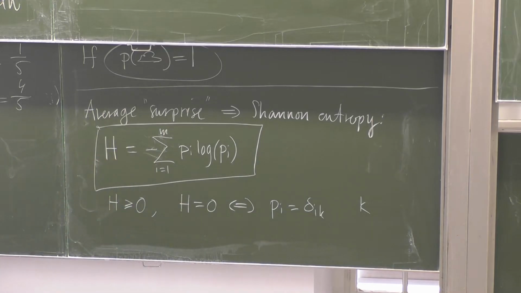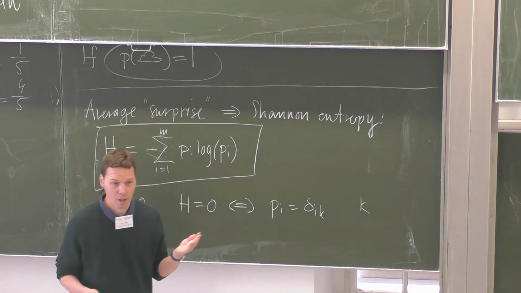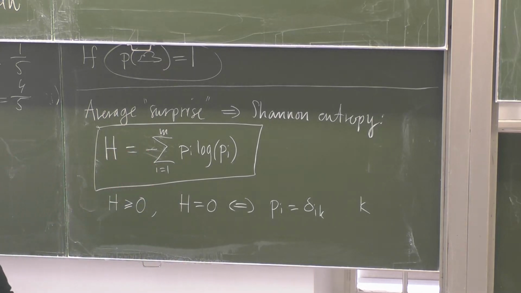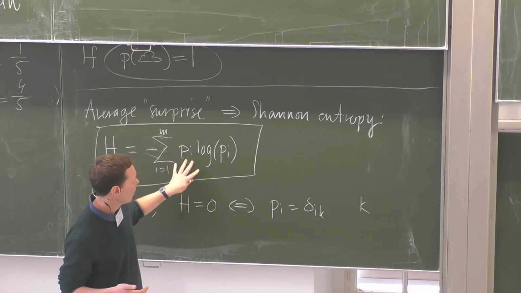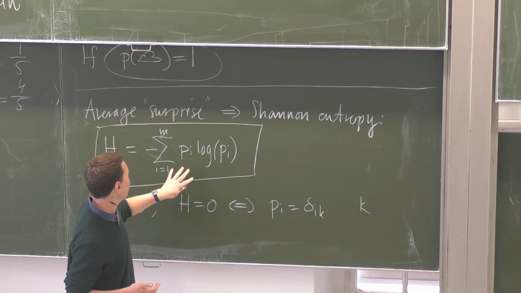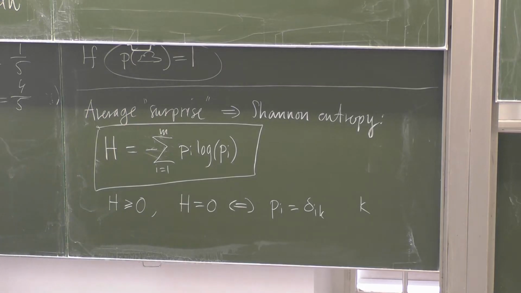So there's no information. And here is the cool thing. We know when it's zero, we know when it's positive. How do I maximize the entropy? When is it maximized? What is the distribution that gives me the biggest average surprise? That's exactly when the distribution is even.